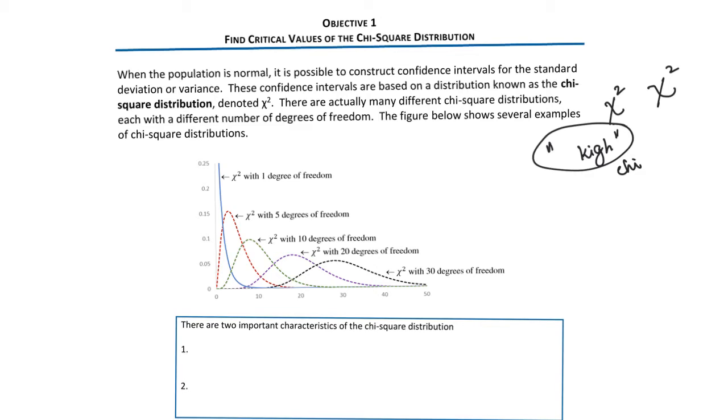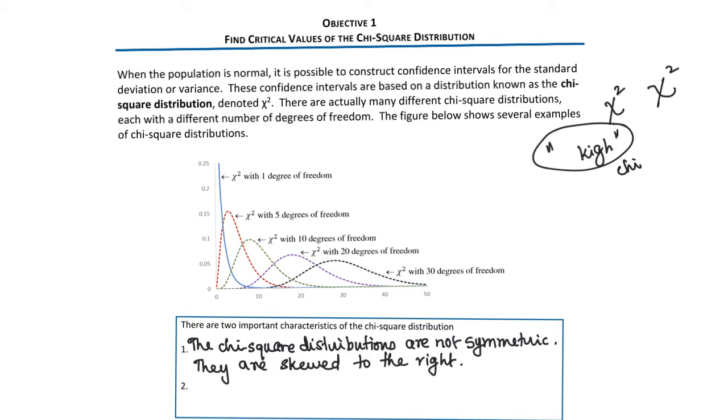There are two important characteristics of chi-square distribution. First one is the chi-square distributions are not symmetric. They are skewed to the right. The values of chi-square statistic are always greater than or equal to 0. They are never negative.